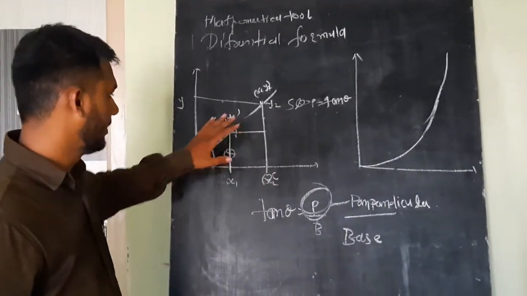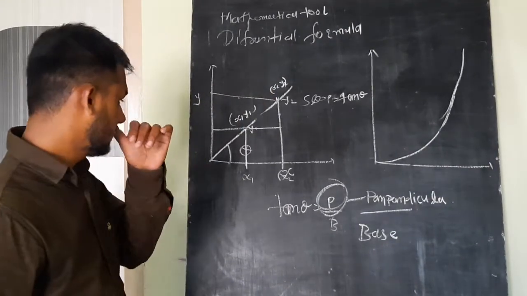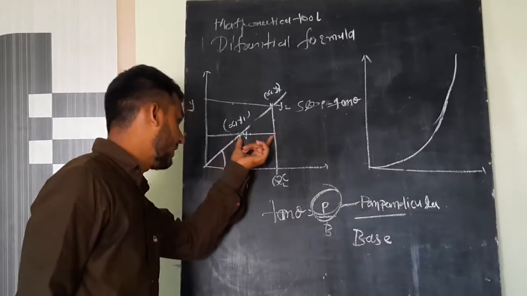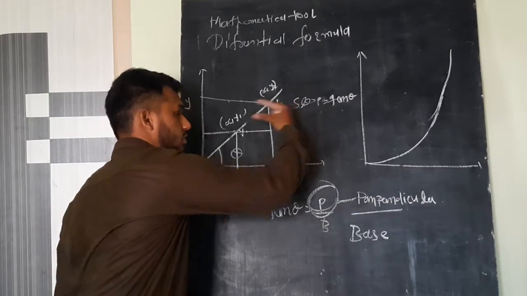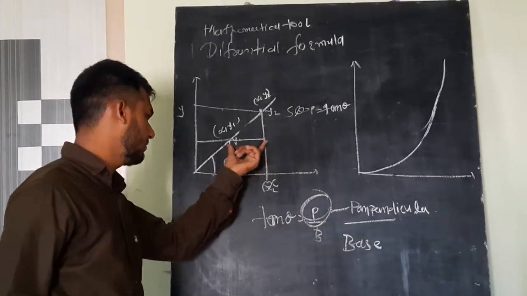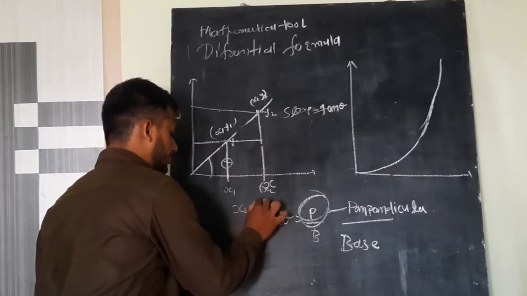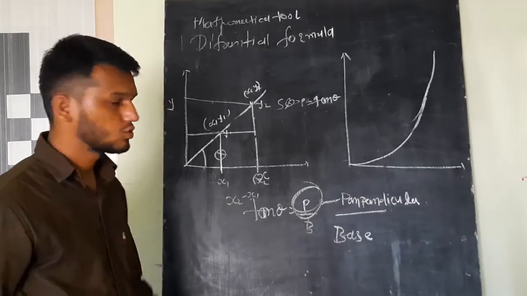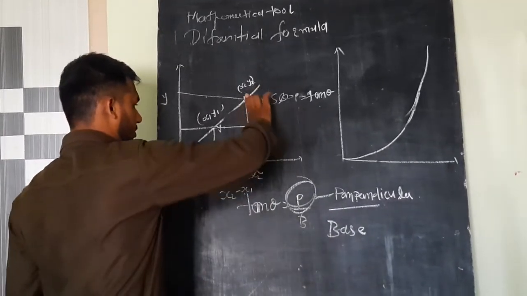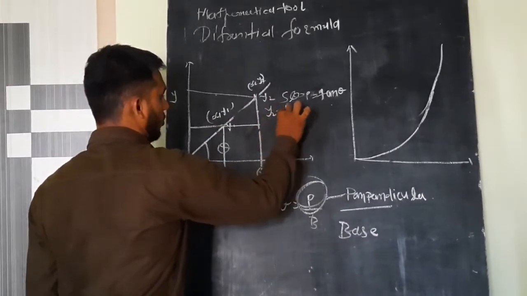It gives us the x1, y1 and x2, y2 points. For this much value of x, we do x2 minus x1. Also for this much value of y, this value is y2 and this value is y1, so we take y2 minus y1.